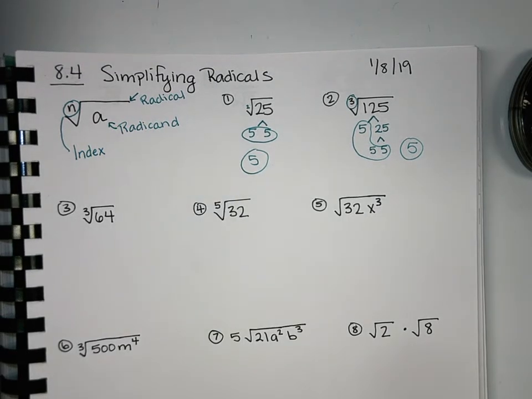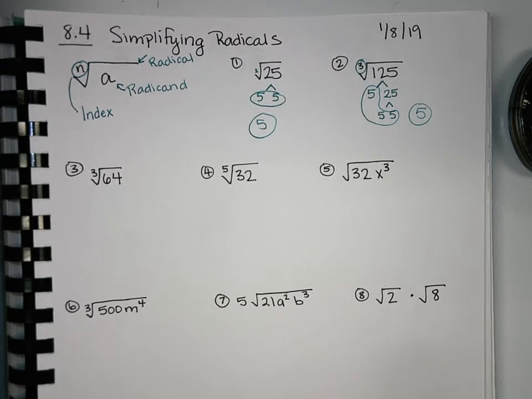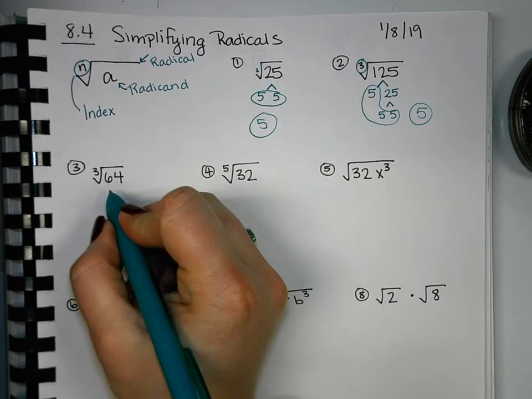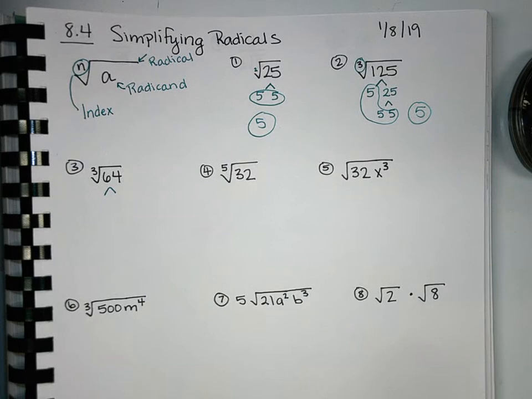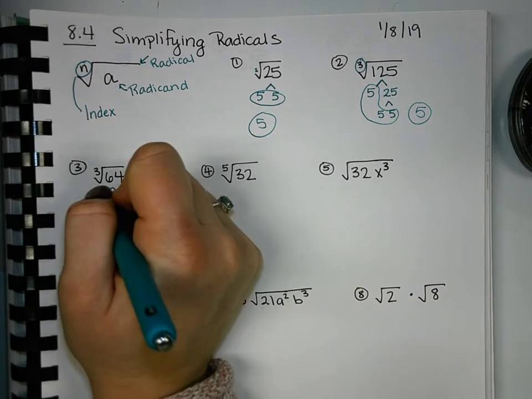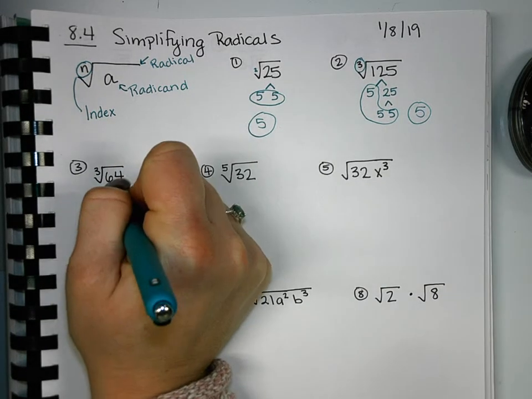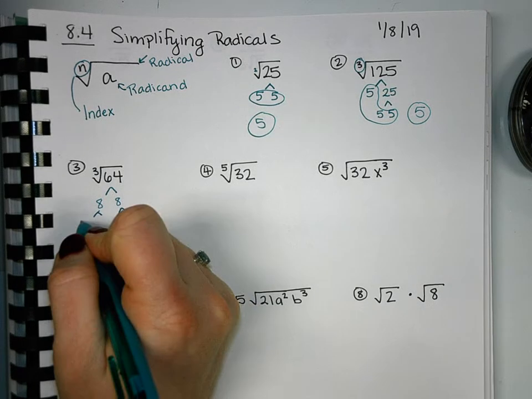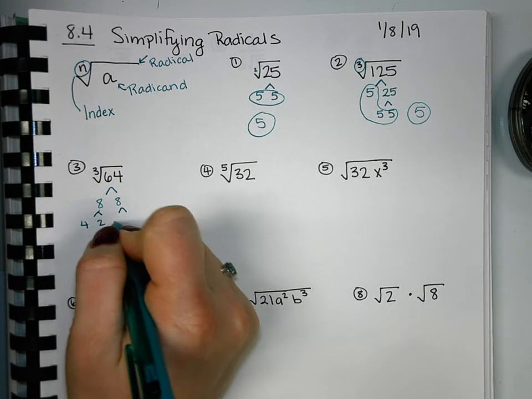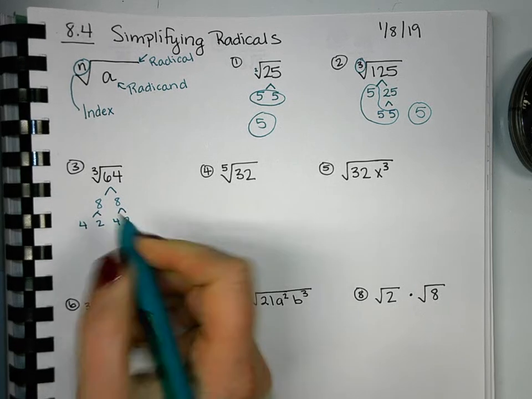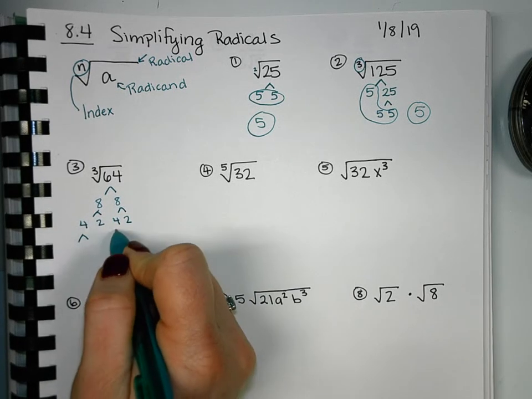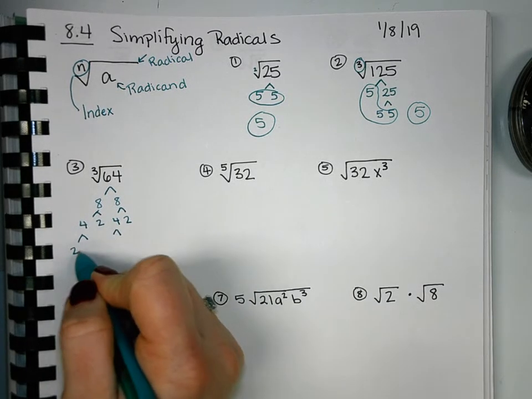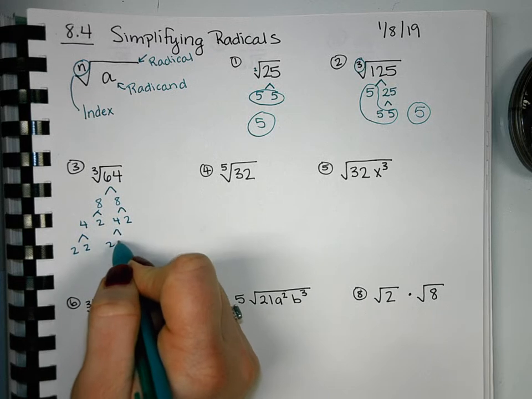So let's do another one, cubed root of 64. Start by breaking it down. Two numbers that multiply to 64, 8 and 8. And then 8 and 8 can both break down. 4 and 2, 4 and 2. 4 breaks down to 2 and 2, and 2 and 2.